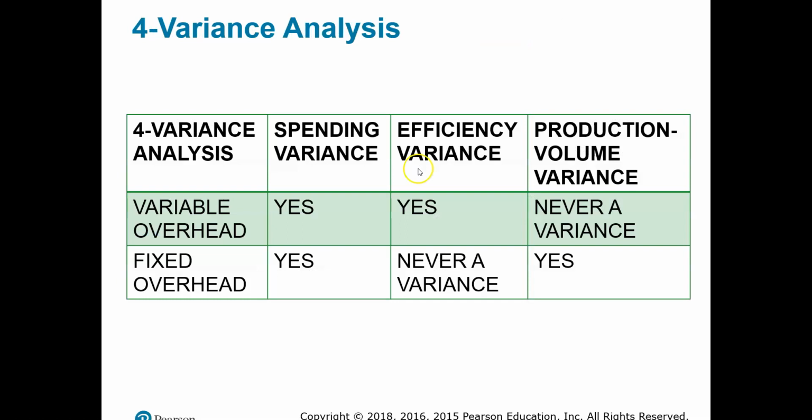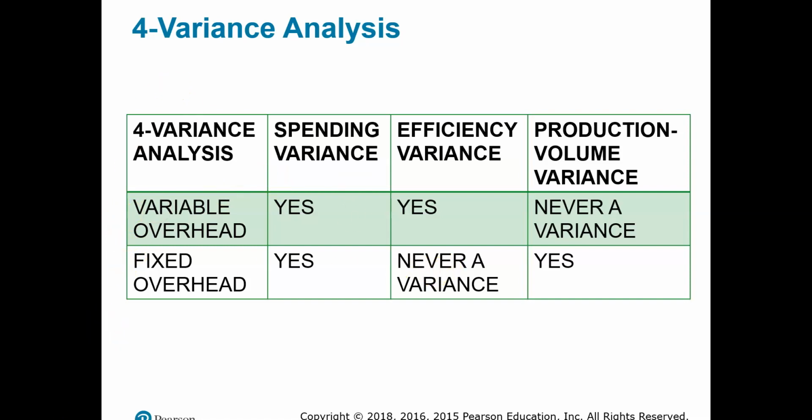Now, we have a method of presentation of all the variances related to overhead into a nice, neat little table in what we call the 4 variance analysis, where we have variable overhead as one line item and fixed overhead as a separate line item.